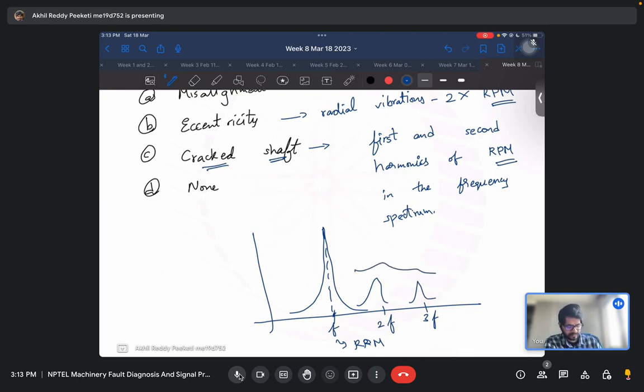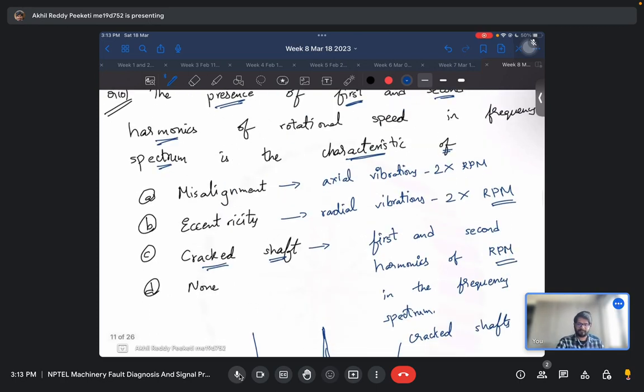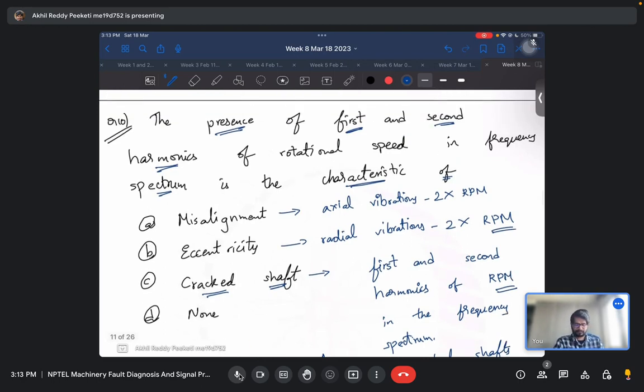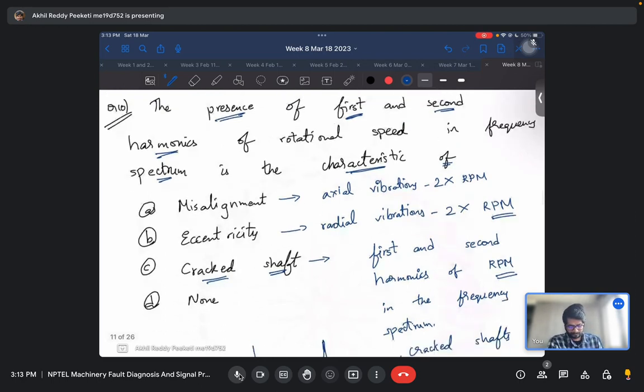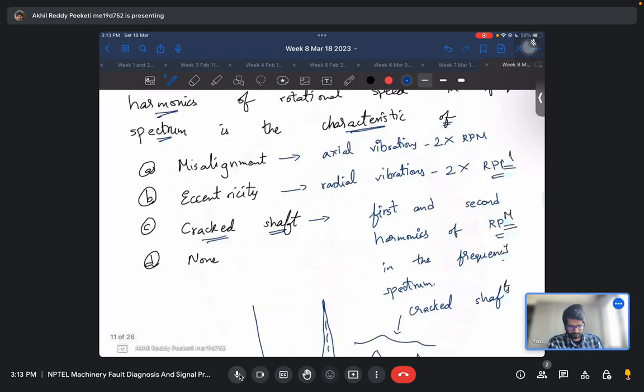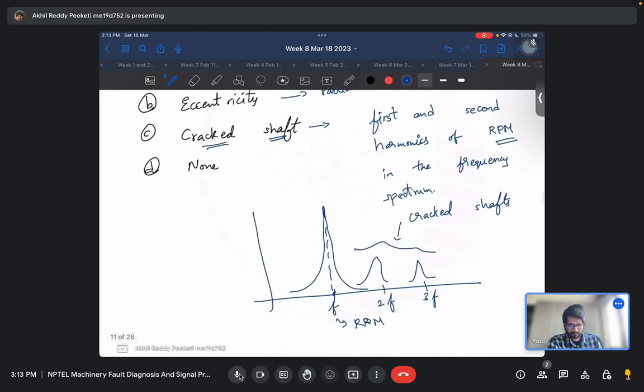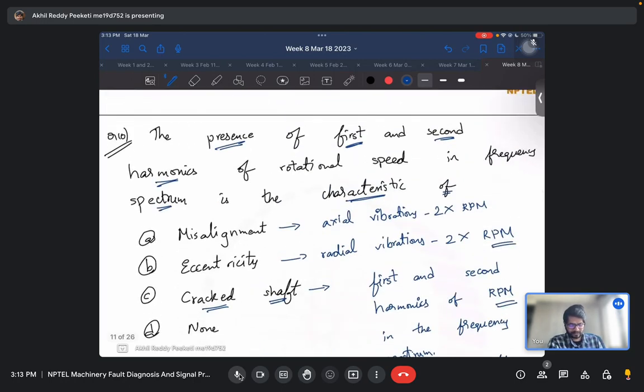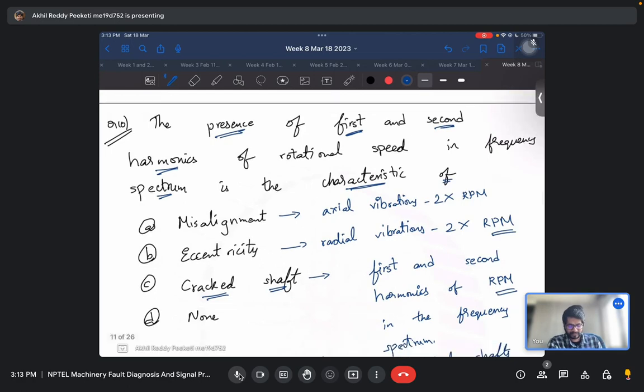So these indicate cracked shaft, this presence of first and second harmonics. So the presence of first and second harmonics is the characteristic of the cracked shaft.